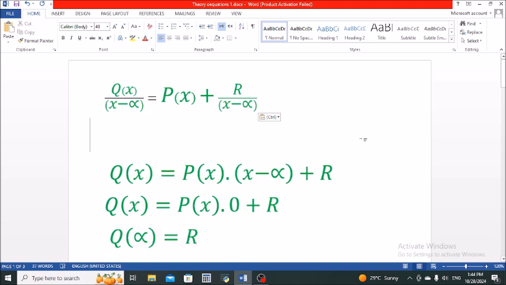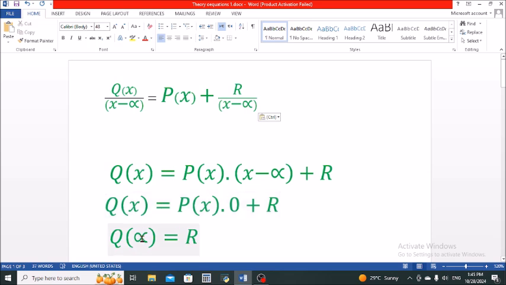Can we deduce something from this? Yes, we can. Supposing that x equals alpha, this means that we are multiplying this expression by 0. This means that q of alpha will be equal to r, because the whole of this quantity when multiplied by 0 would be 0.